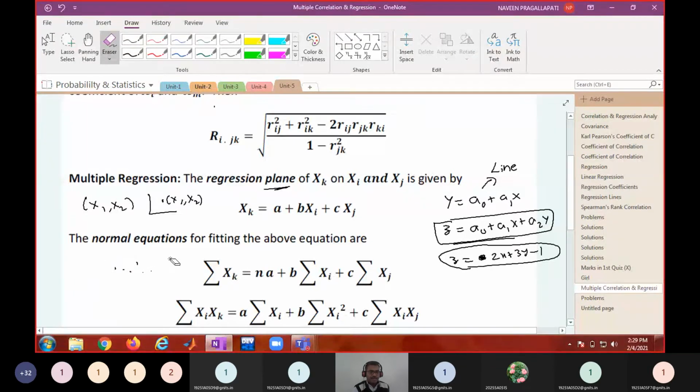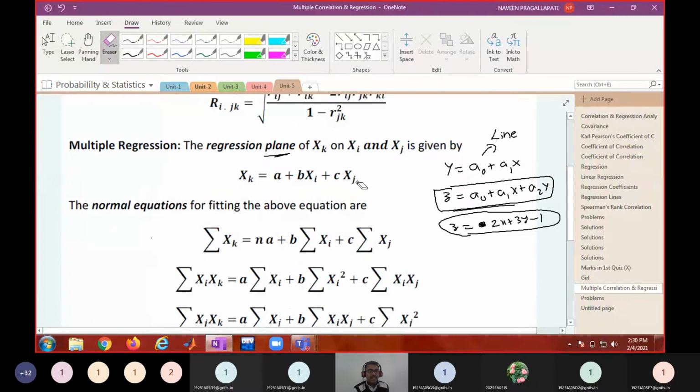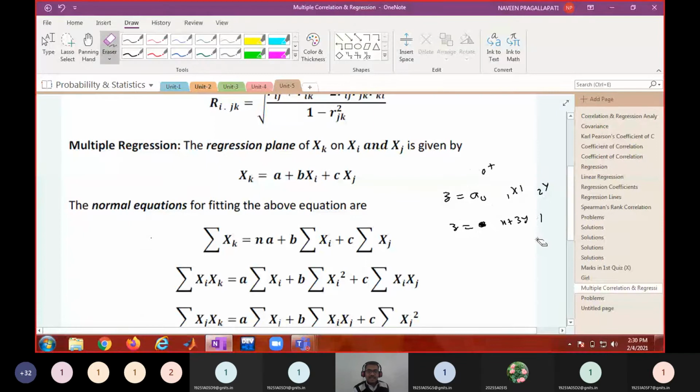So for two-dimensional points, we try to fit a line which is closer to the data. For three-dimensional points, we'll try to fit a plane which is as close as possible to the given data. Here the unknowns are A, B, C. Those can be computed by solving the system of linear equations like this.